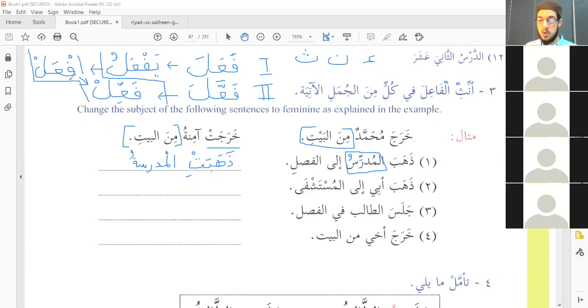If we want to make the doer of the verb in form 1, it's usually on the wazn of fa'il. Right? Fa'il, with an alif added after the first letter and the second letter having a kasra. What is it going to look like in form 2? It's going to begin with a meem with a dhamma on it. Mufa'il.